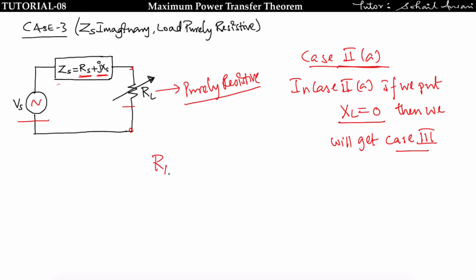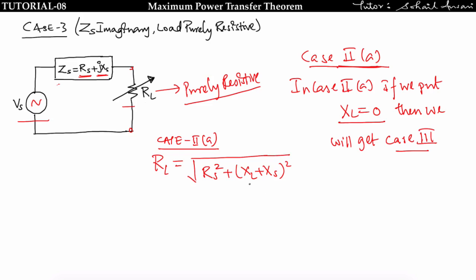That means the equation of RL in case 2A is given by under root RS square plus (XL plus XS) square.